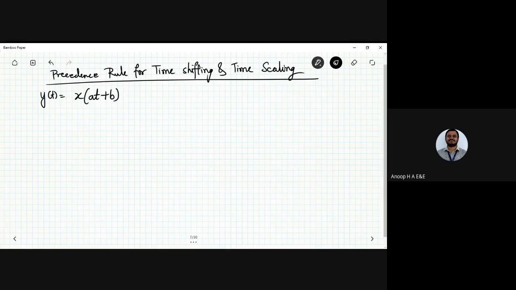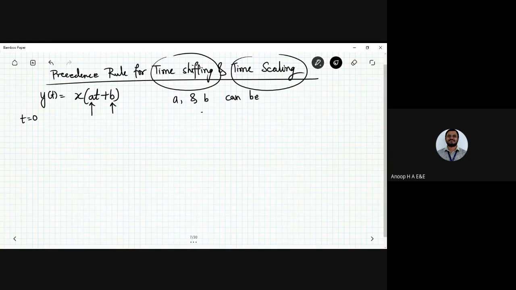Here a and b are constants. They can be greater than 0 or less than 0, it doesn't matter. I can take such values which are present here.